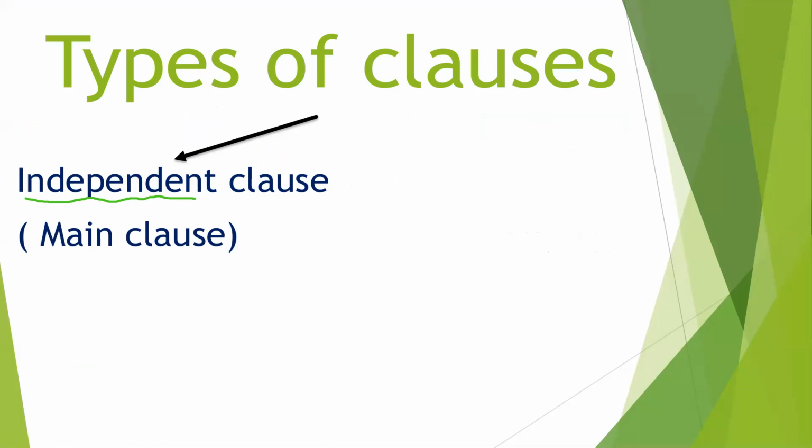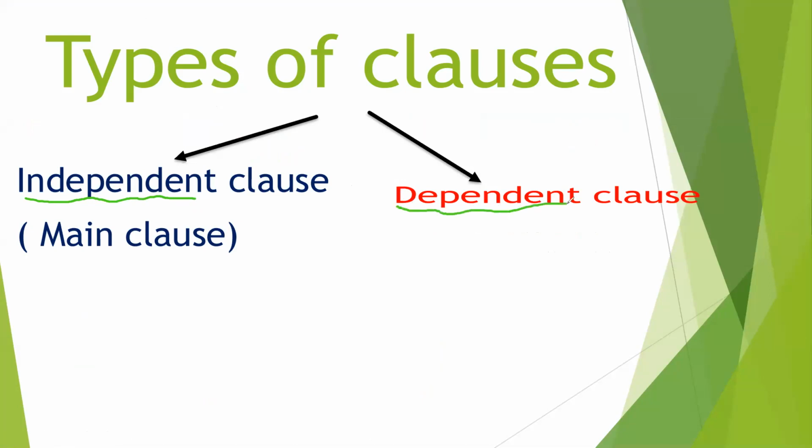There are features to know the independent clauses, but before we get into the features, let's know the second type, which is dependent clauses. Dependent is actually the opposite of independent. Independent means you're strong, you don't need anyone around, you can take care of yourself, you can stand alone. But the dependents are a little bit weak, they need help.